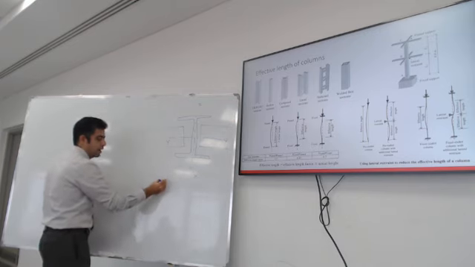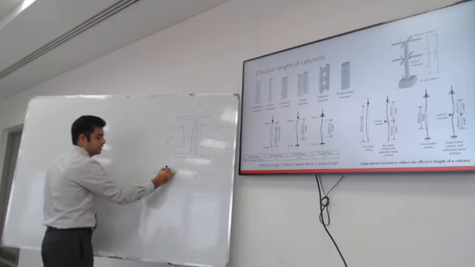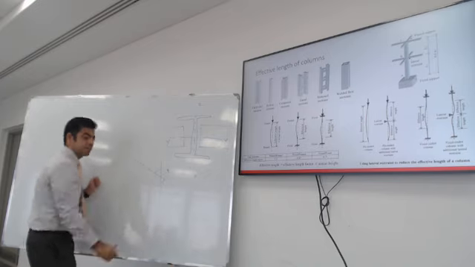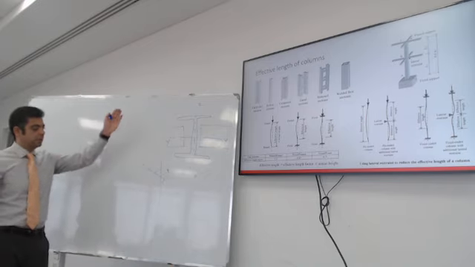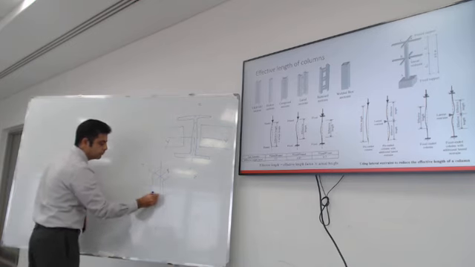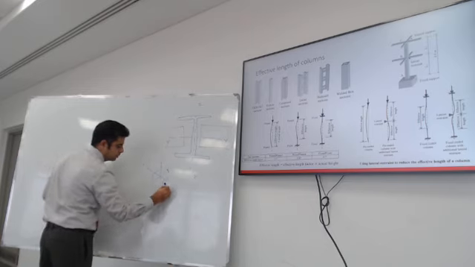So this is the I, this is Y, this is Z, this is the axial, the longitudinal direction of the column. And now there are beams framing in this direction.